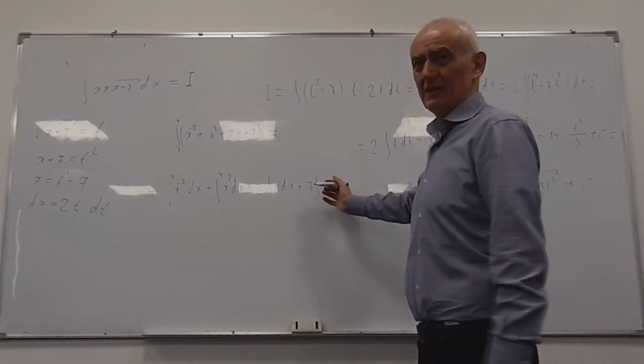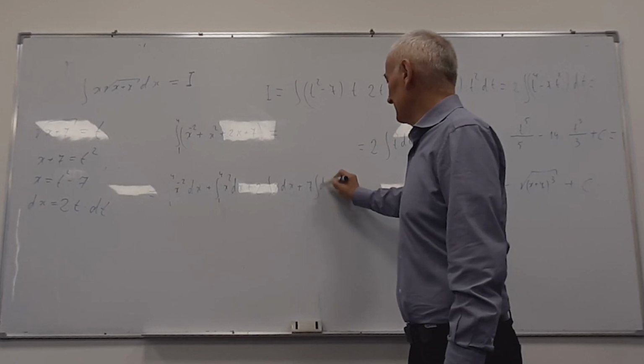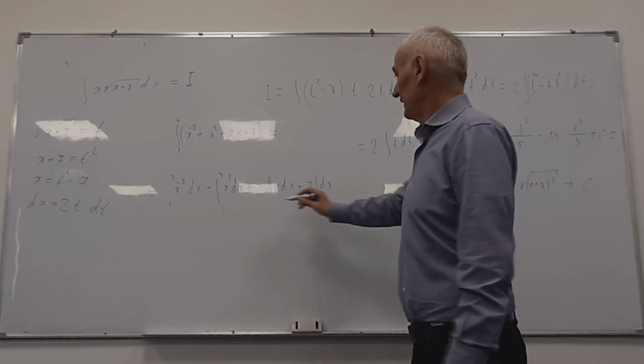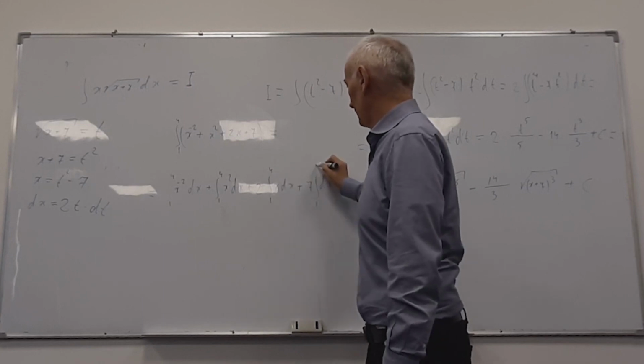I can write 1 or I cannot. So this is dx. And everywhere limits from 1 to 4.